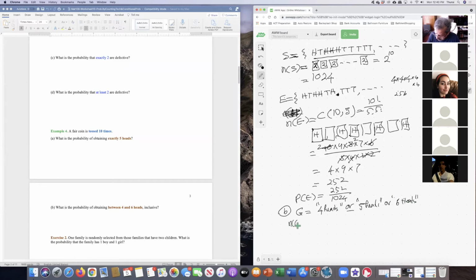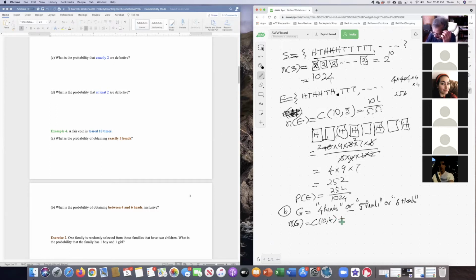So I'll just do the counting of that. Getting 4 heads would be the same as choosing 4 boxes from 10 boxes. So C(10,4). And wherever OR is, it will be plus, because that's union.